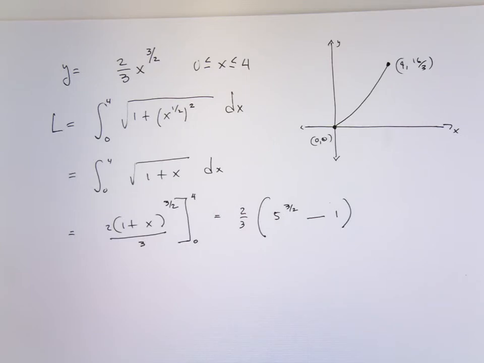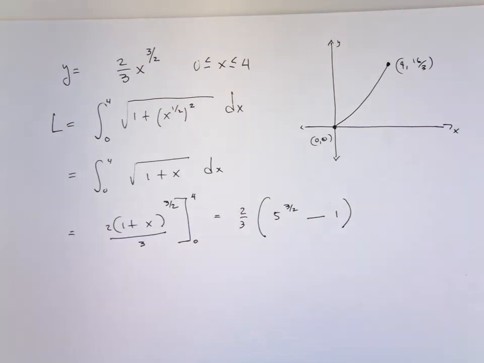They have no other use other than to serve as functions where you can find their arc length. Because what happens is, they're kind of complicated, but you take a derivative, you square it, and you add 1, and what do you get? A perfect square. So you can take the square root of that perfect square and then integrate it. So be aware of that if you run across one of those in homework. I don't know if you have one of those or not. If you do, that's what it is.